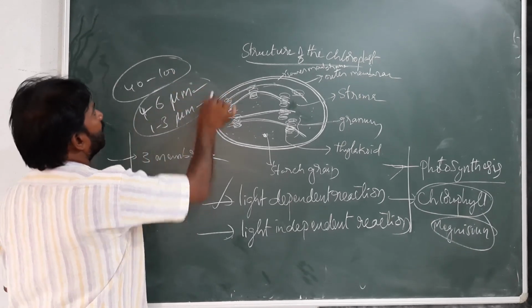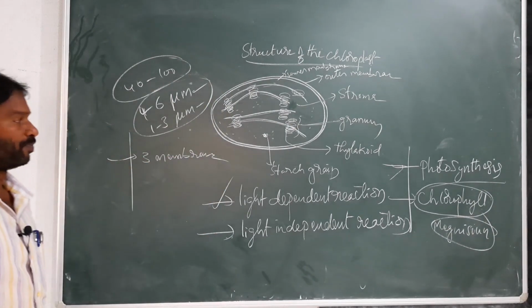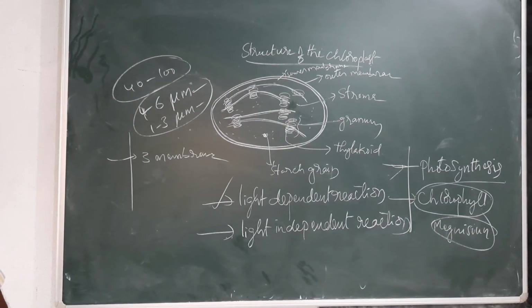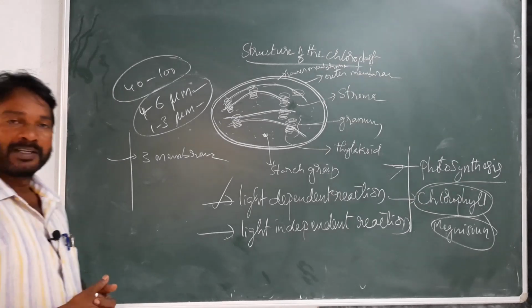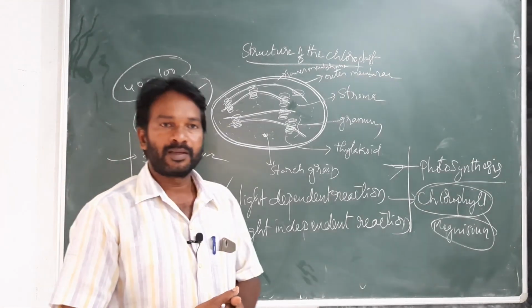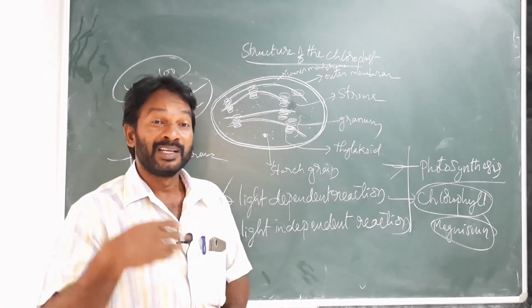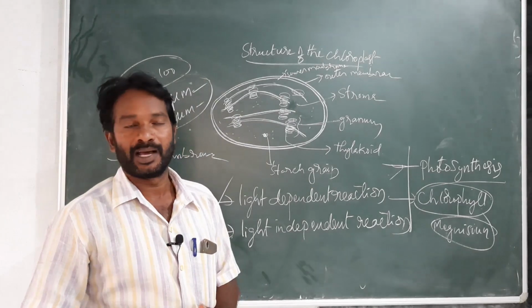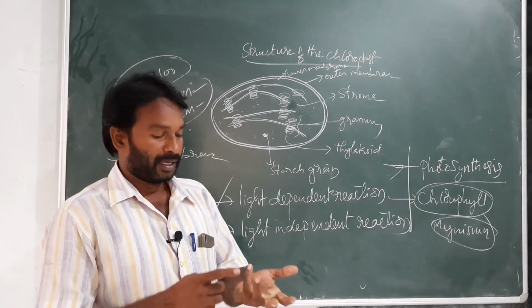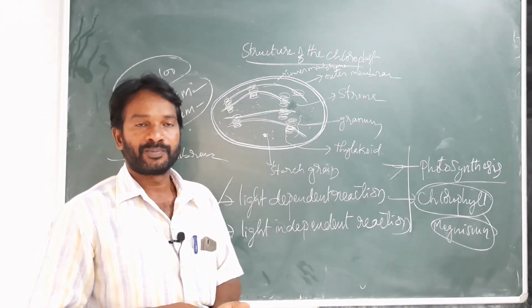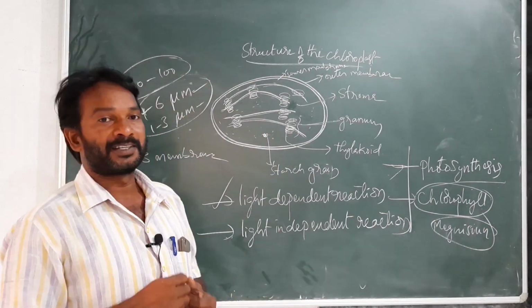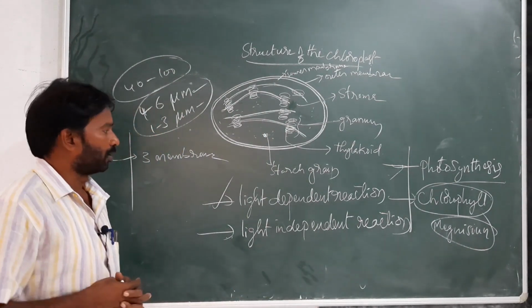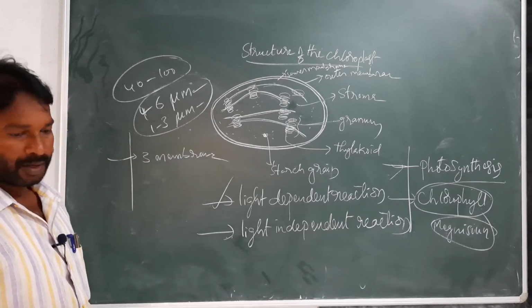These are the measurements of the chloroplast. They are oval and biconvex in shape. In some plants, like aquatic plants such as algae, they are ladder shaped or spiral shaped. Different shapes are there. That is the chloroplast.